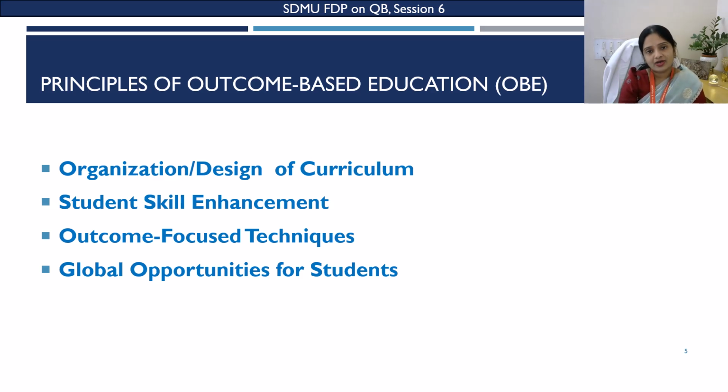Once we know what our students should learn, we can also start modifying our teaching learning techniques to focus on the outcomes. And this definitely enhances the global opportunities for our students. Once they have all the necessary knowledge, skills, attitude and behavior, the employability of that particular student will definitely increase and the opportunities will increase for our students.